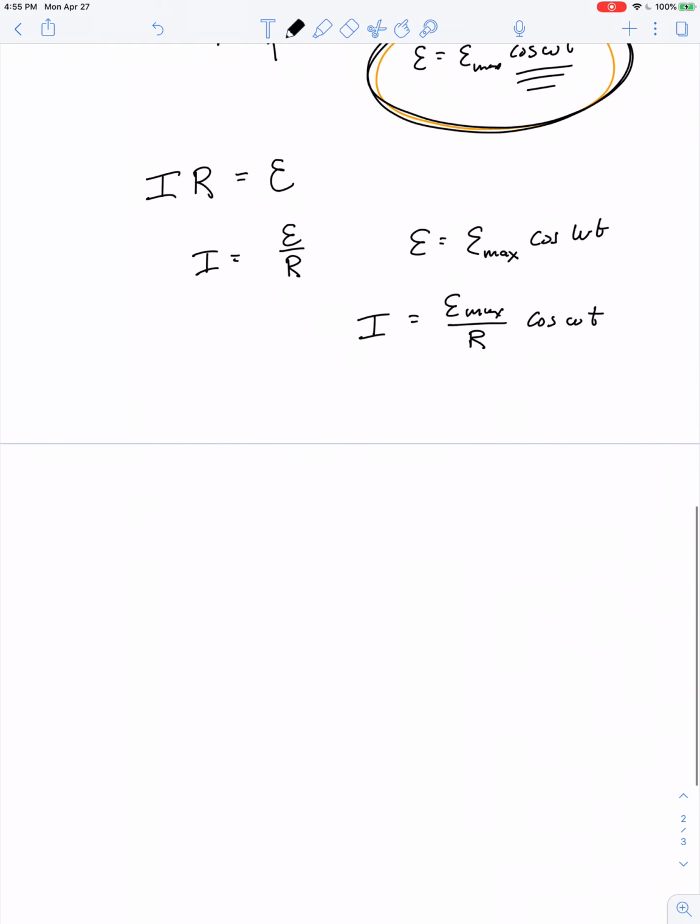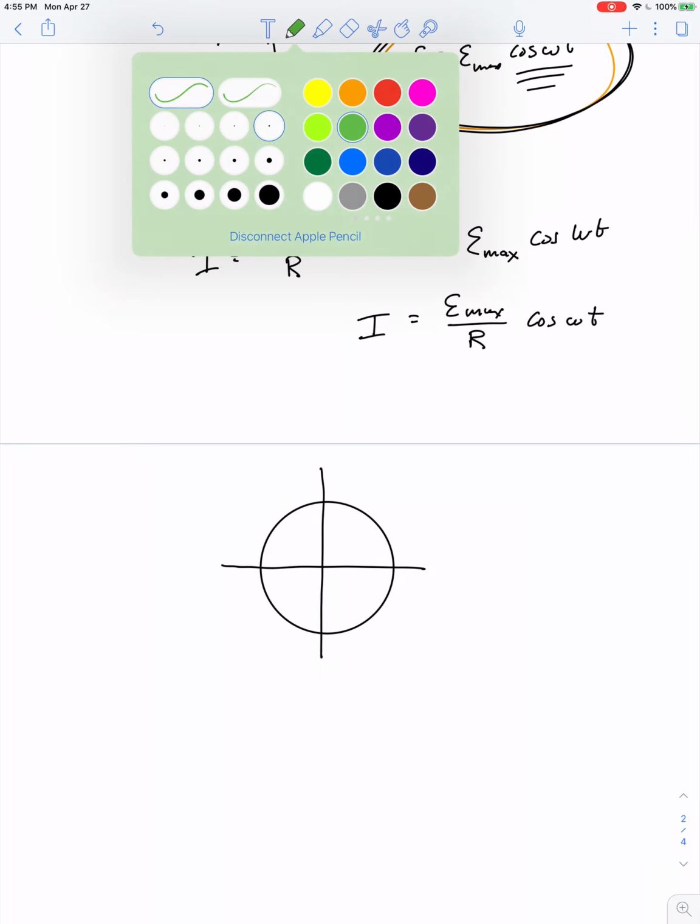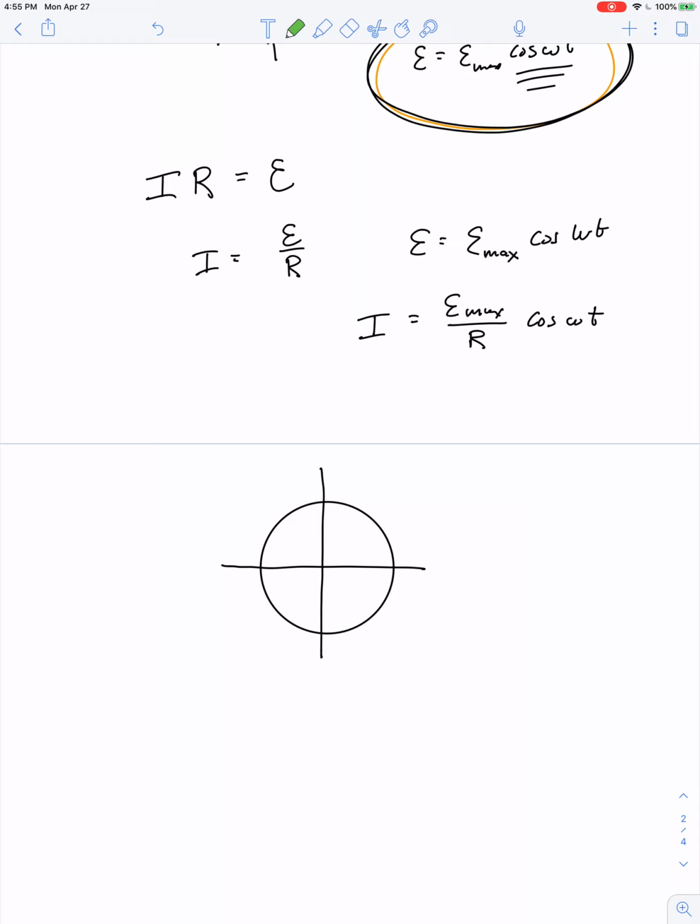So how about we think of it like this? Let's draw another one of these phasor diagrams. Okay, the unit circle. And let's draw a phasor for the electric current.